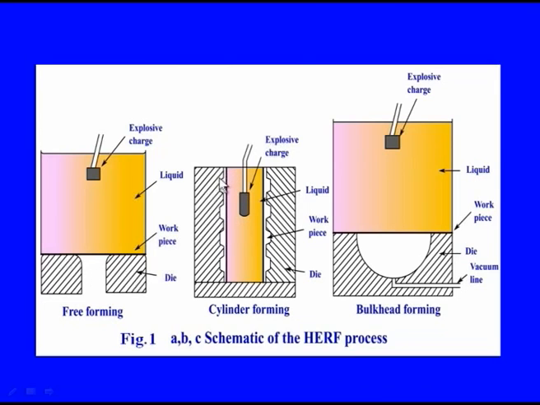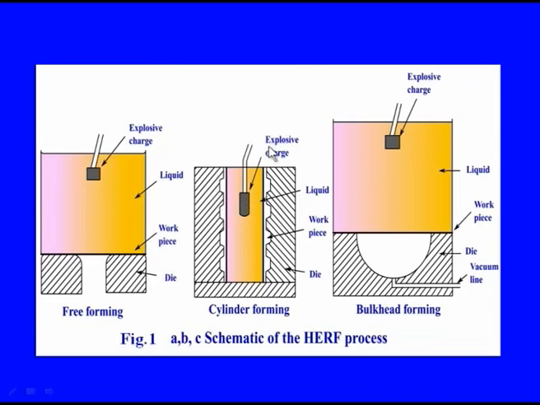Similarly, as I have already indicated earlier, if the die is like this and a cylinder having some features like this needs to be produced, then one plain cylinder can be placed like this.